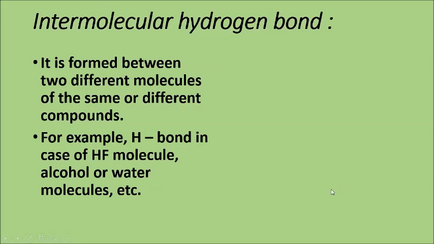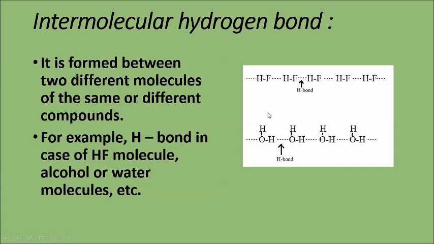We can give the example of HF molecules, alcohol or water molecules, where the hydrogen bonding is intermolecular. We can see in the diagram how the link is there between the hydrogen and oxygen in the water case, and between fluorine and hydrogen in the case of HF molecules. So this is said to be intermolecular hydrogen bonding.